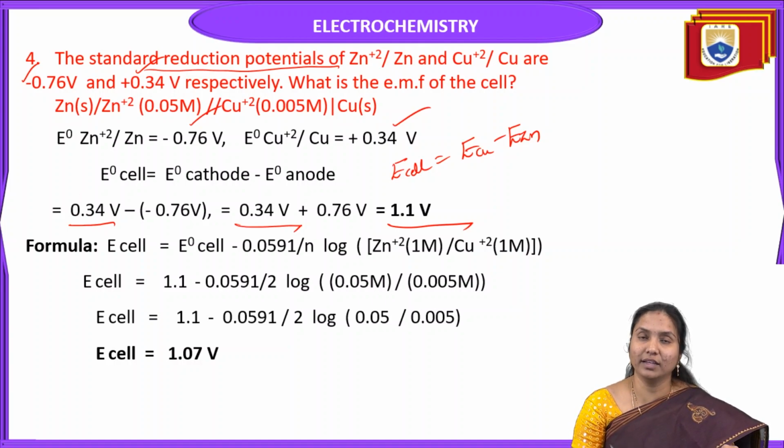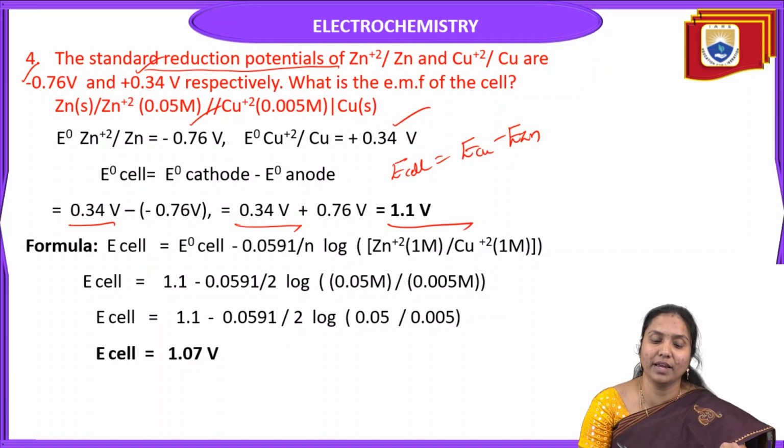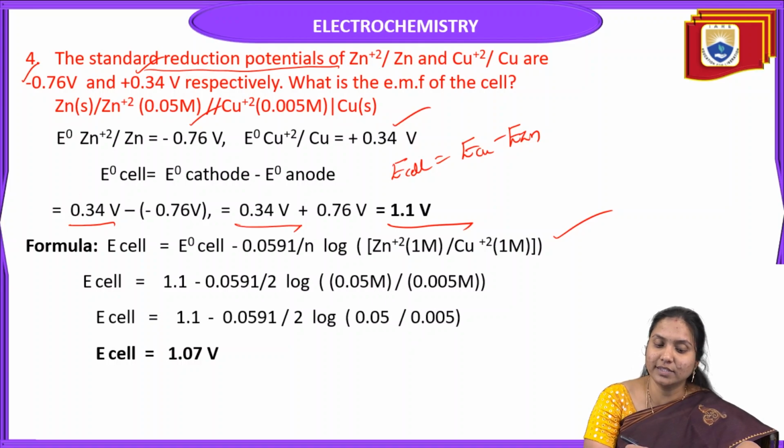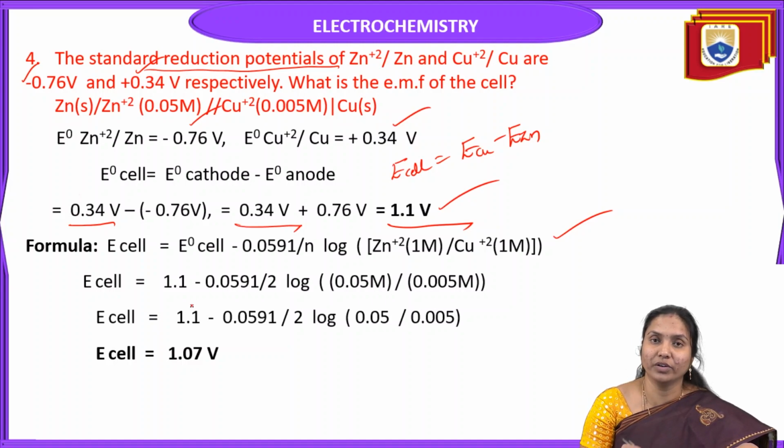Now we can calculate the E cell value by using the Nernst equation. So E cell equals E naught cell minus 0.0591 by N log concentration of zinc by concentration of copper. So here E cell equals the E naught cell value we just calculated, what is that? 1.1 volts. So we can substitute 1.1 in this formula, minus 0.0591 by 2.